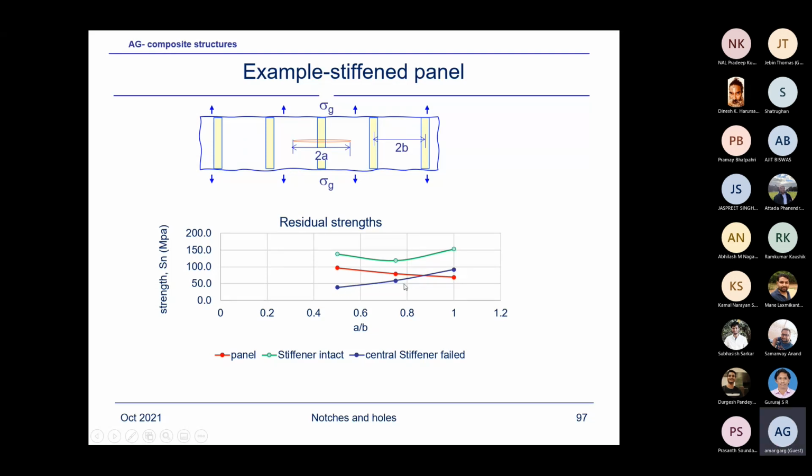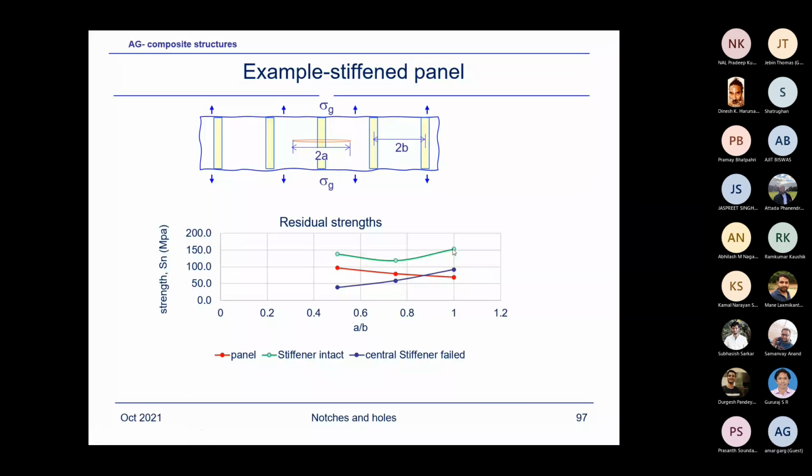You can see here for the small, this is small. As the crack is progressing further, the stiffener effectiveness is there, so it increases in strength. With no stiffener breaking, you have the much higher residual strength, as we would expect.